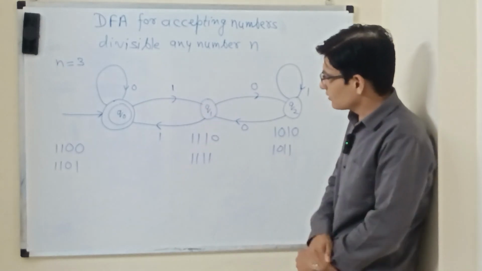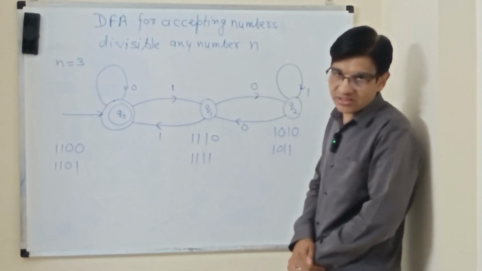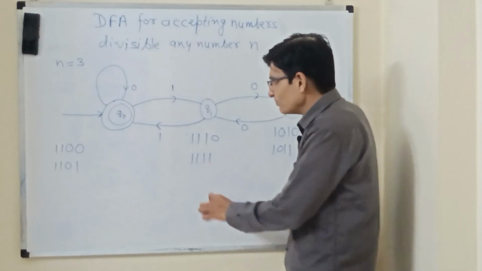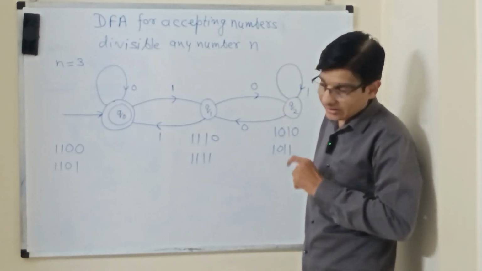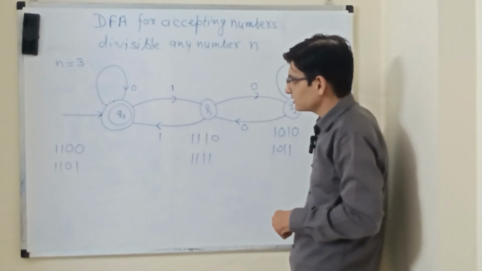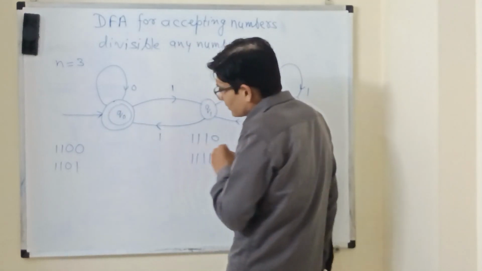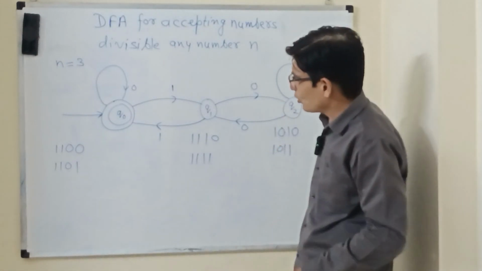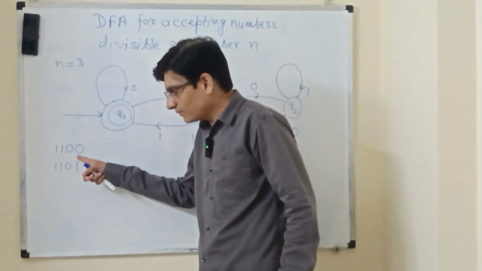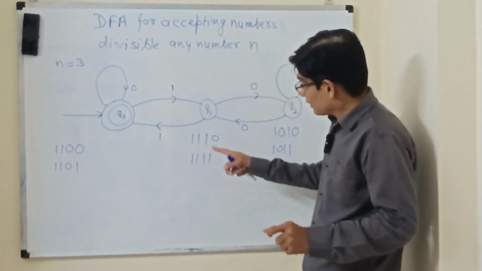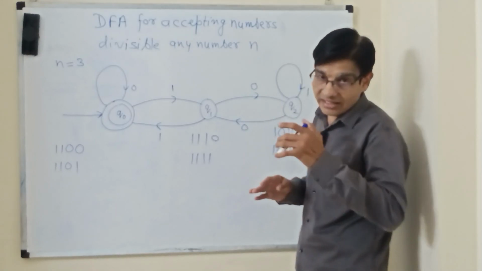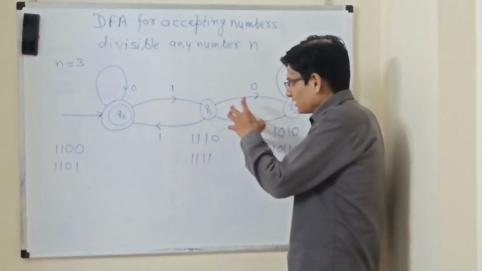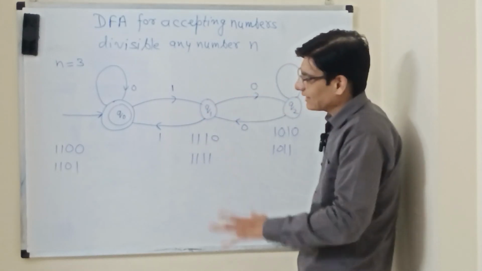I hope, friends, it is very clear to all of you. Now we will see the same machine for decimal numbers also. In place of the possible inputs 0 and 1 for binary, we will have 0 to 9 in decimal, so for that also we will create the machine.